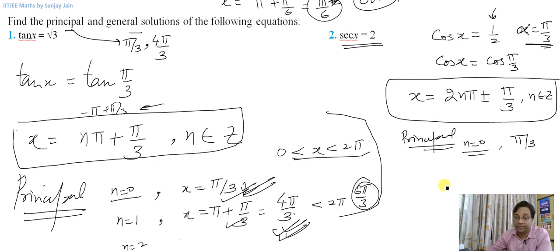And n equal to 1 will give me 2 pi minus pi by 3 as another solution, because 2 pi plus pi by 3 is not acceptable to me, since I am looking for principal solutions. 2 pi minus pi by 3 will be 6 pi minus pi, 5 pi by 3. So these are my principal solutions.